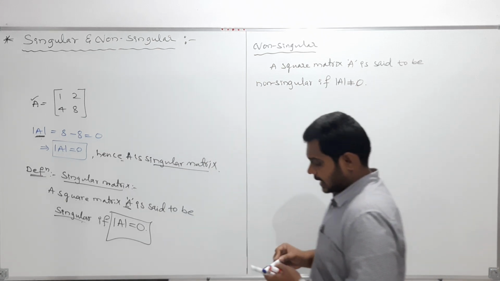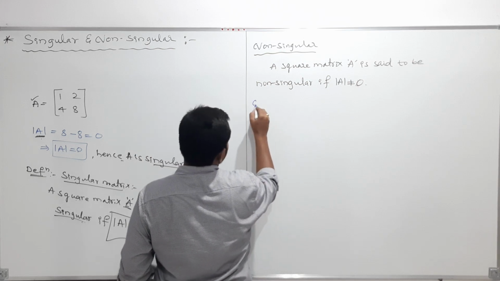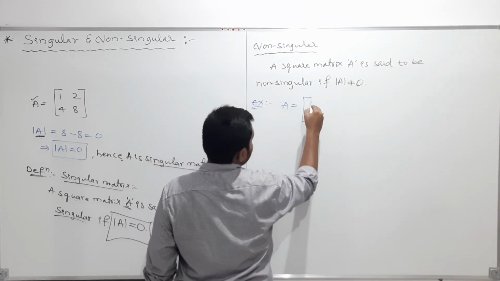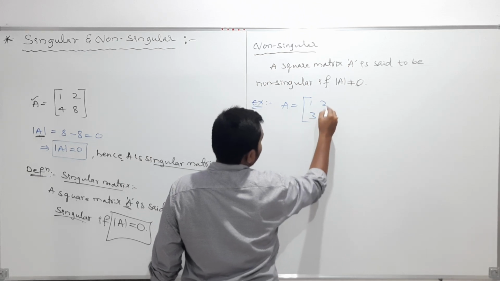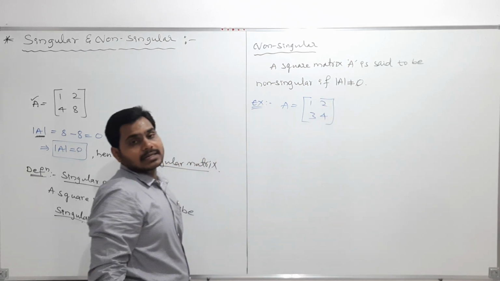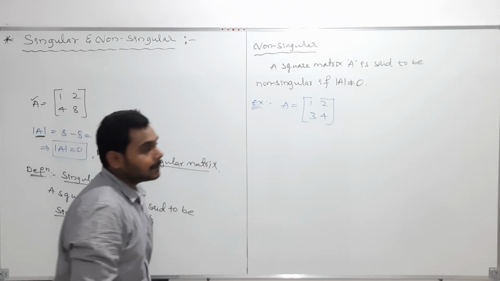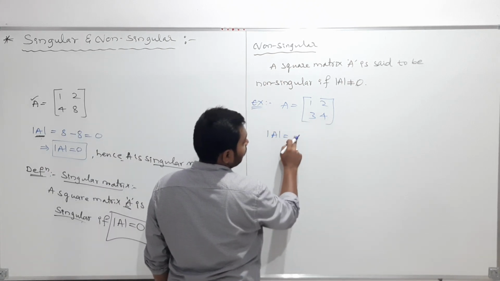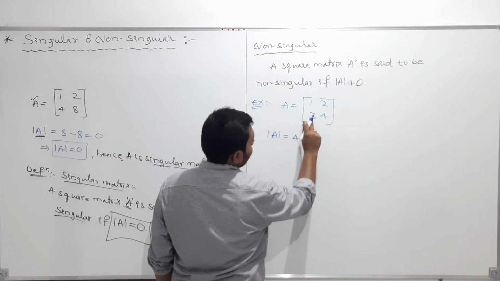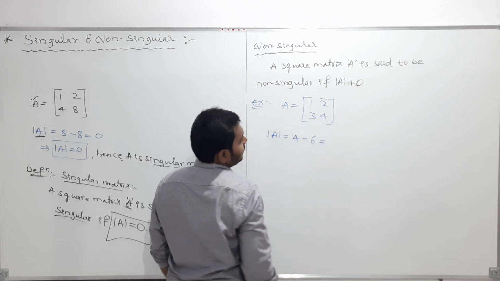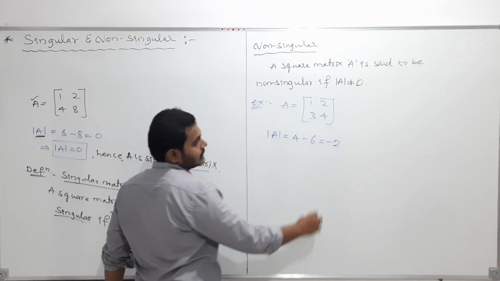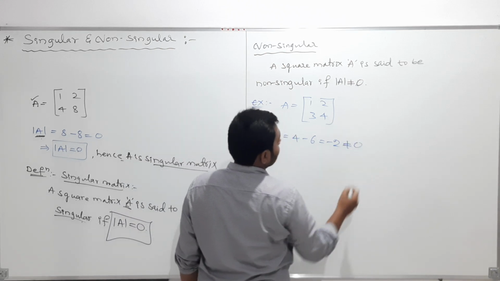You can take an example also here. I'll take one example. A is equal to 1, 2, 3, 4. This is one square matrix I considered. Now if I calculate the determinant of A, what is the determinant of A? 4 into 1 is 4, minus 3 2s are 6. So 4 minus 6 is minus 2. Clear? So minus 2 is not equal to 0.